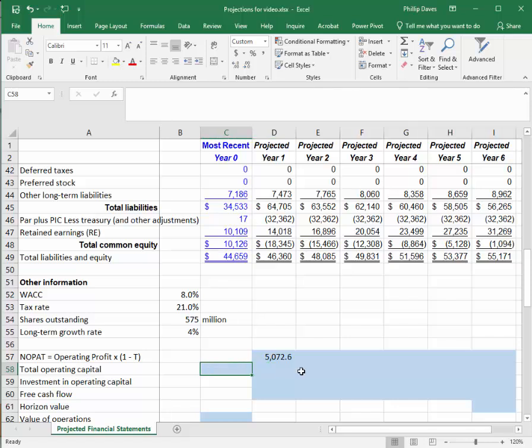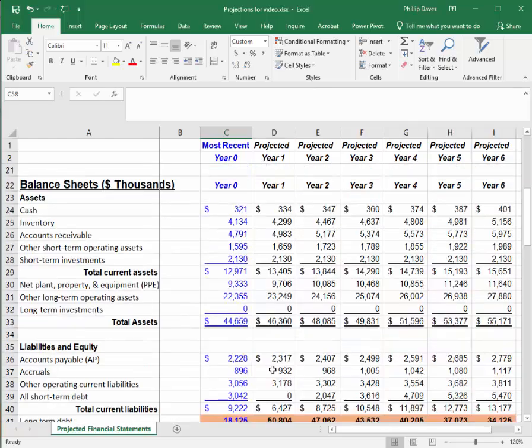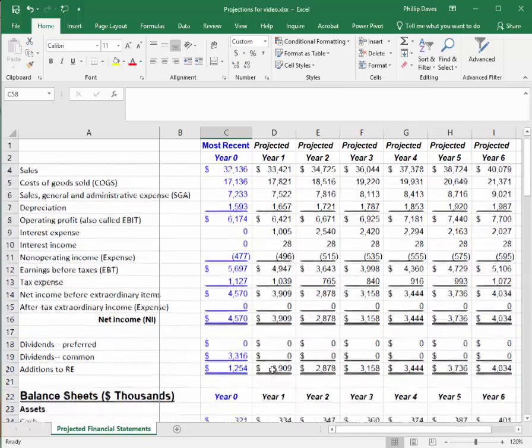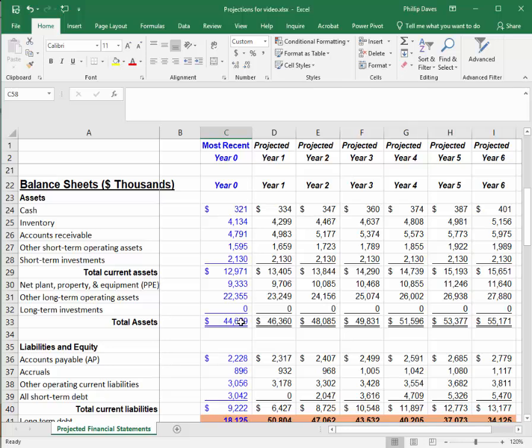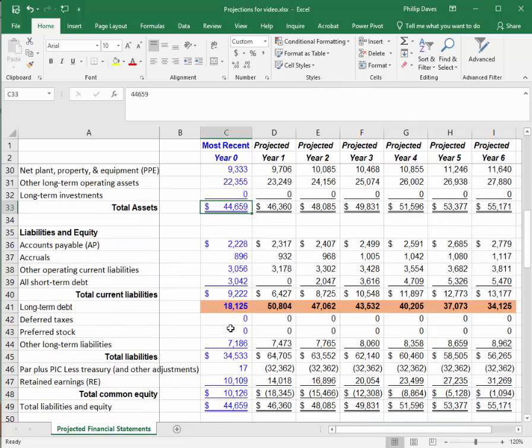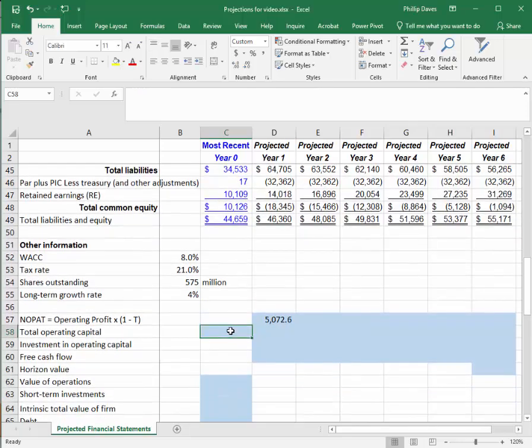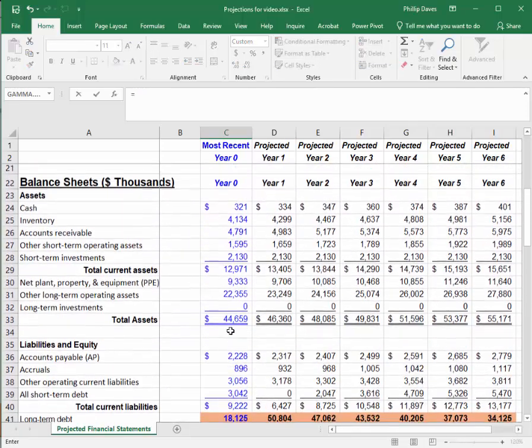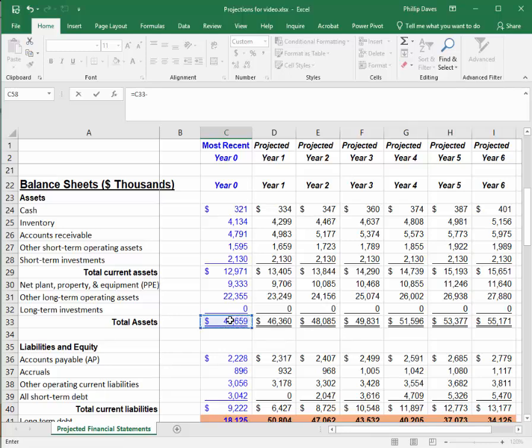Now, total operating capital, we need that for the previous year so that we can calculate the change in that first year of projections. And so total operating capital is, we decided, total assets less short-term investments, so it will be our total assets. So I need an equal sign. Total assets minus our short-term investments.